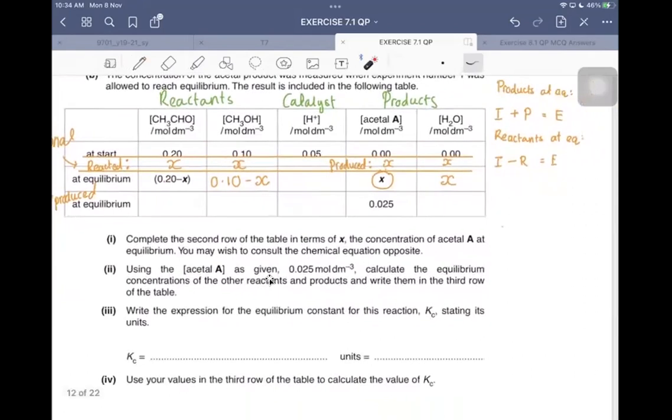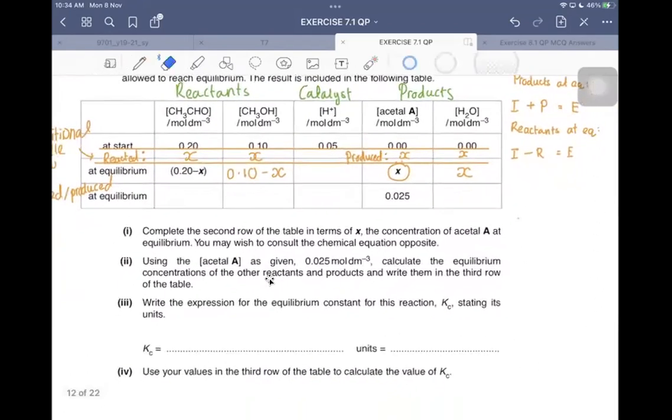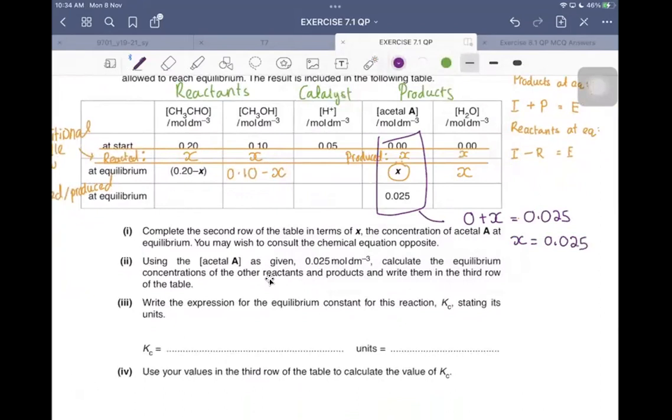Okay, can you see that from here? From this column, 0 plus X is equal to 0.025. That means X is 0.025, and you just sub in the value of X for all the expressions.